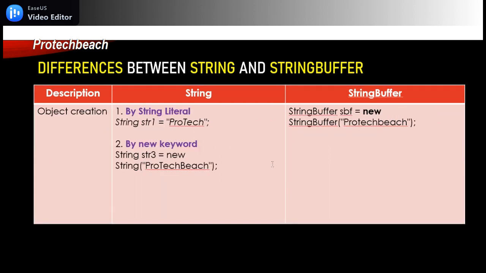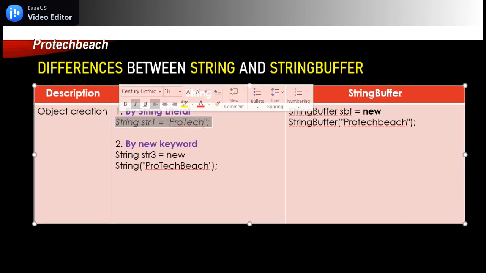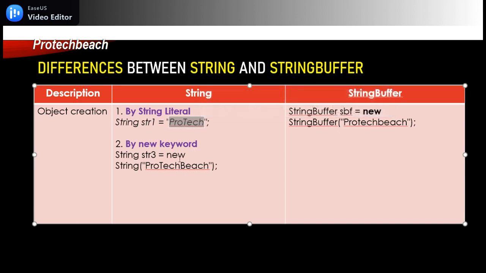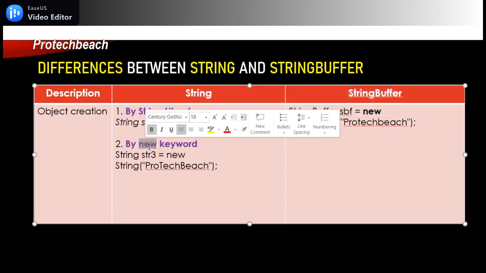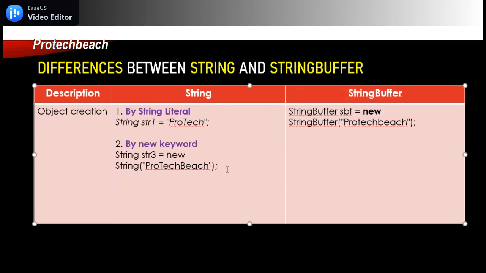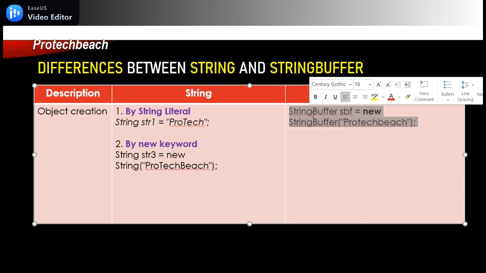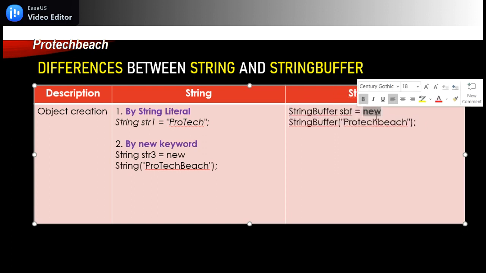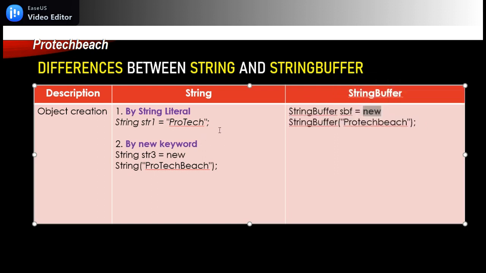In string there are two ways we can create an object. One is string literals, by directly passing the double quote, and another way is by using the new keyword. With the new keyword also we can create the string object. But in case of string buffer, we have only one option to create the object, with the new keyword. But if you consider here, we can relate it to the storage as well.